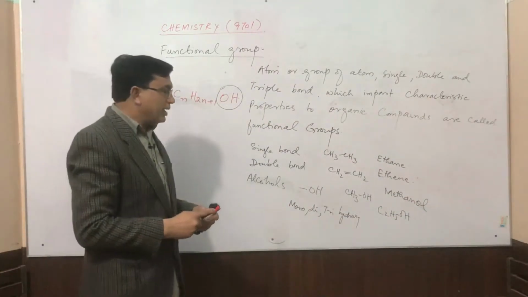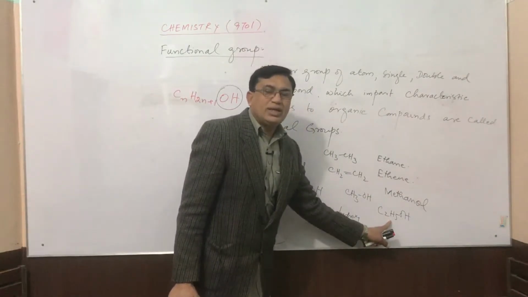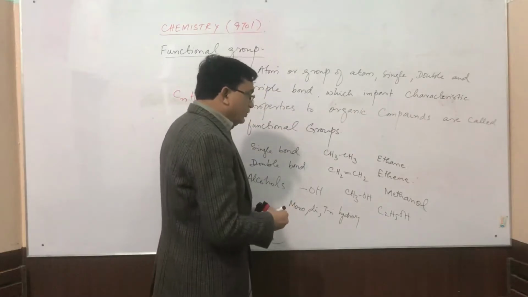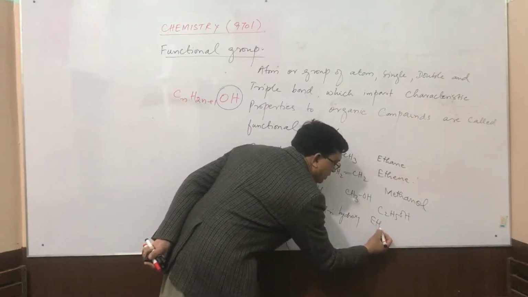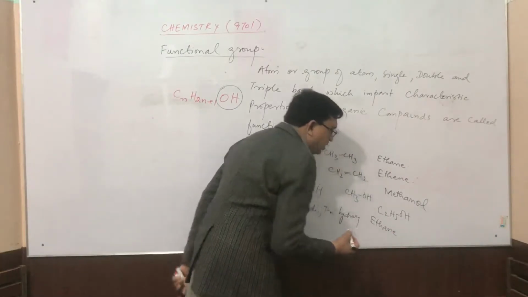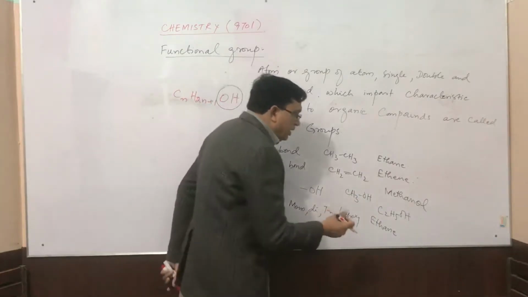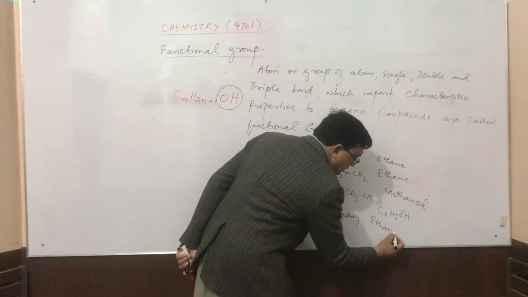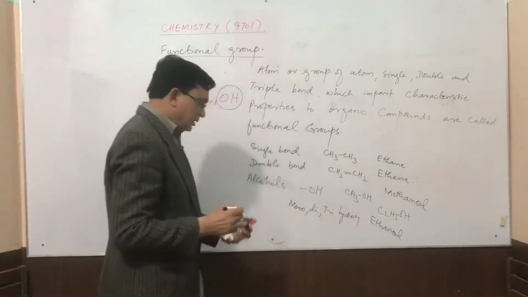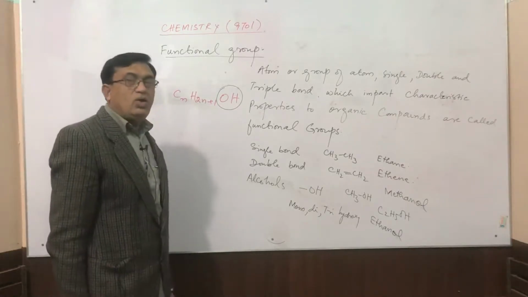Automatically this will become methanol. Now this alcohol contains two carbon atoms. First of all, we will write down its name. Its name is ethane. Two carbon atom containing hydrocarbon is called ethane. But due to the presence of this group, this will be changed to OL. This alcohol will become ethanol.